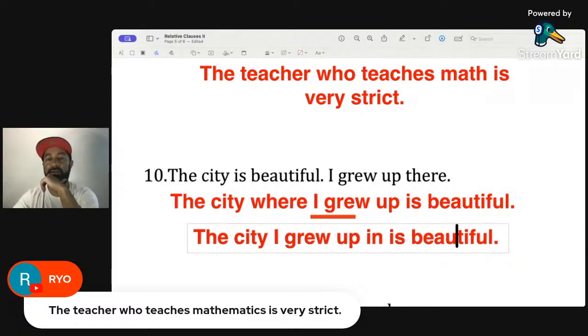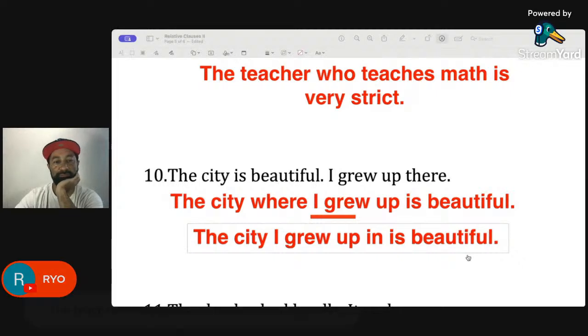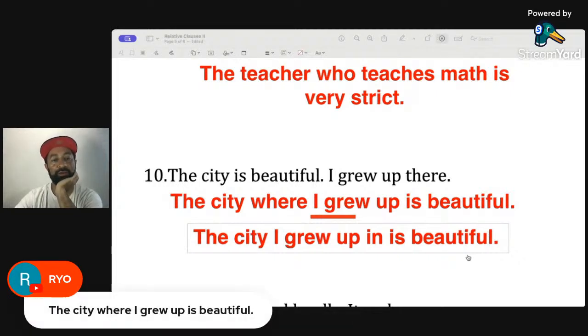Whenever we have where and you omit it, then please add the preposition. Okay, perfect. The city where I grew up is beautiful.